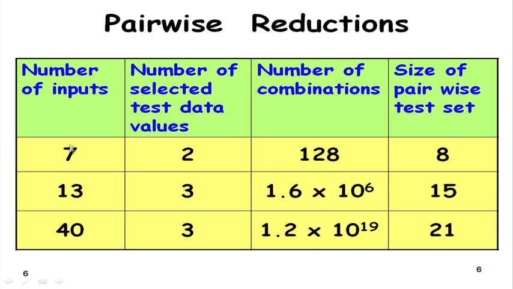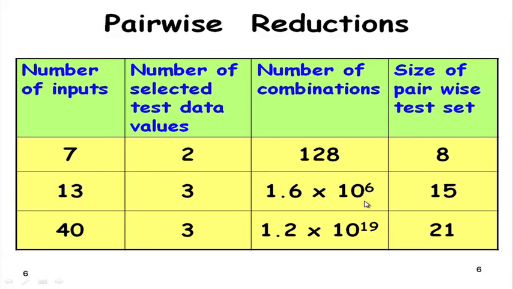If you have 13 inputs and each takes 3 values, the number of combinations is 3 to the power 13, which is 1.6 times 10 to the power 6, but the size of the pairwise test set is 15, which is manageable.